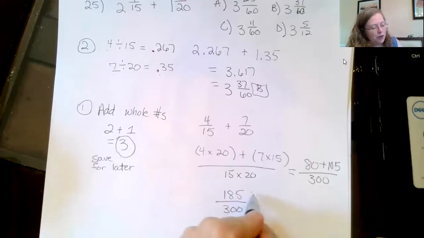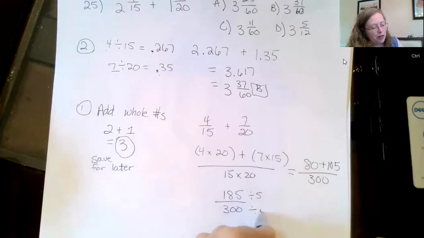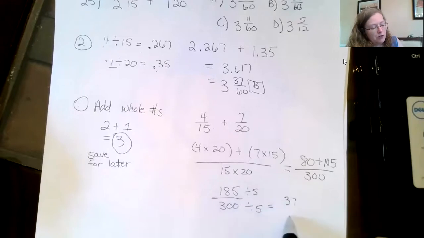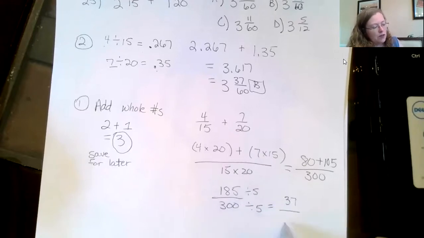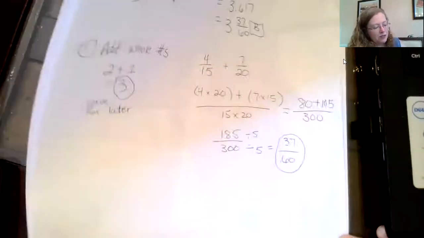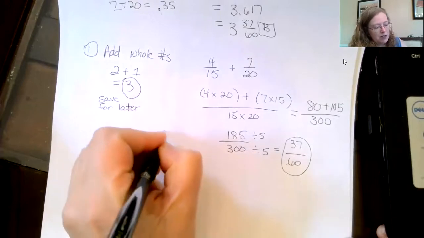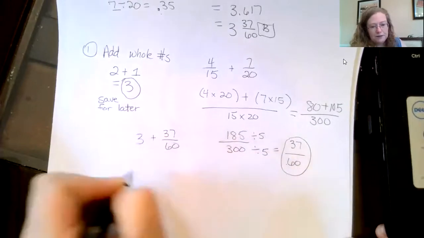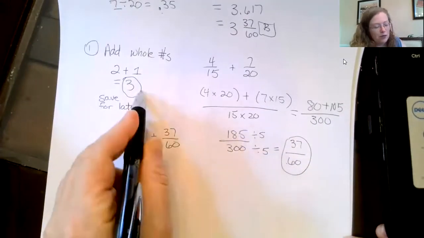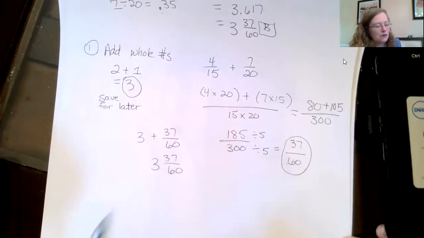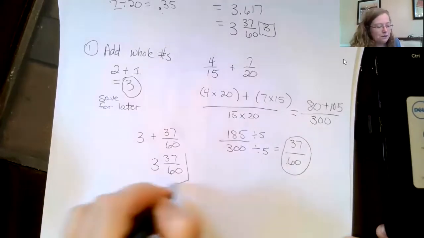And we would be left with what, 37 over 60. Circle that. My answer will be 3 plus 37 over 60. The 3 whole number and this. And that, again, is the answer B.